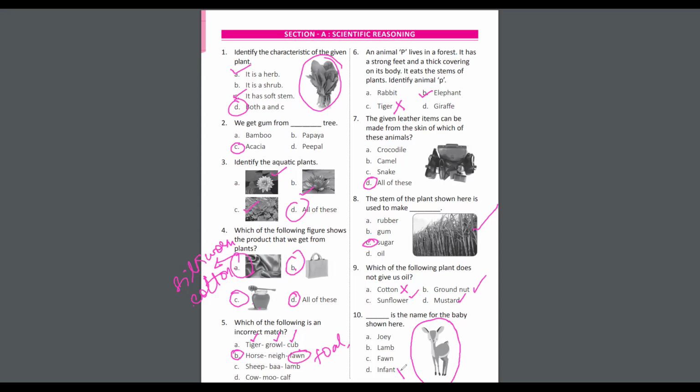Infant is not possible, because infant we always call a human child, right? So this is a baby of deer. So the baby of deer is known as fawn. So this is the correct answer. You have to think and then answer. You can't give the answer directly. Okay, you have to think.